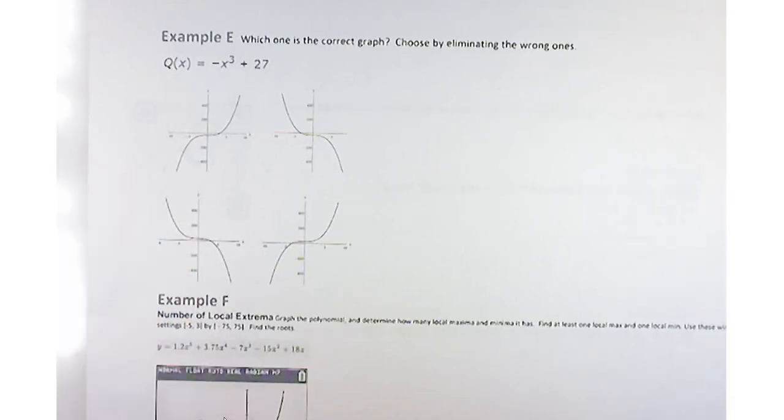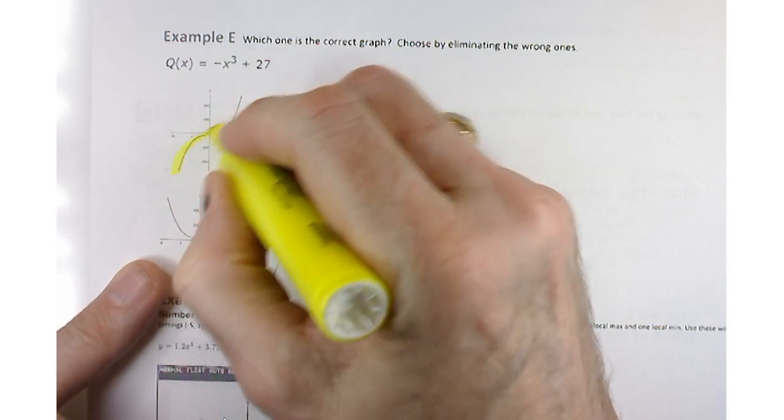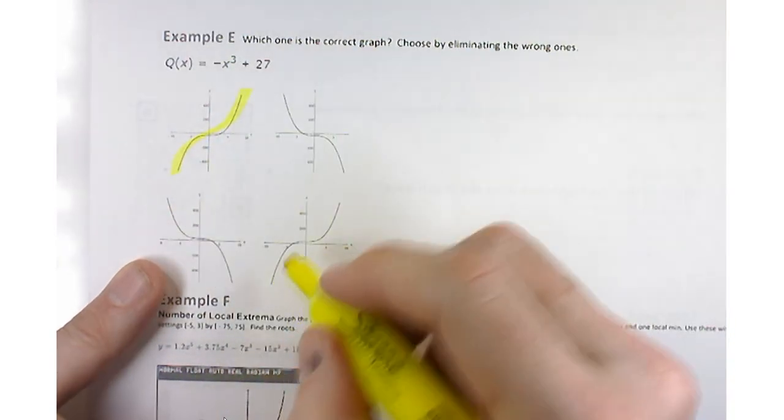Let's flip it over to the back side. We've got 4 graphs here. I want you to start by eliminating 2 of these.